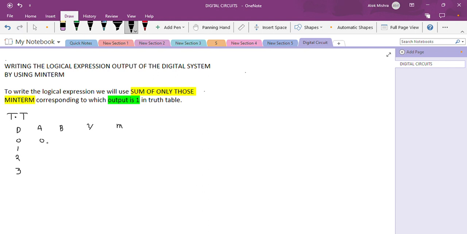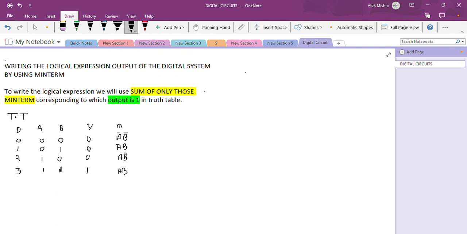I'm going to write 0, 0, 0, 1, 1, 0 and 1, 1. And the examiner giving you some of the output values like 0, 0, 0, 1. And the respective minterms are A bar B bar, A bar B, A B bar and AB.